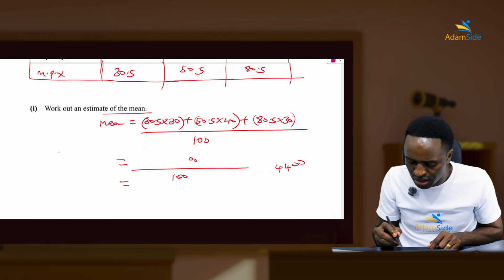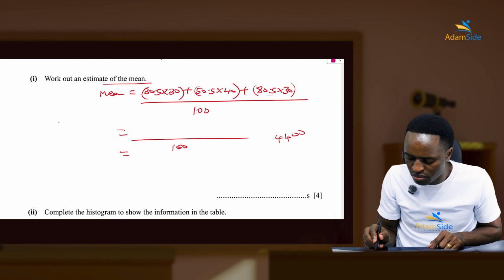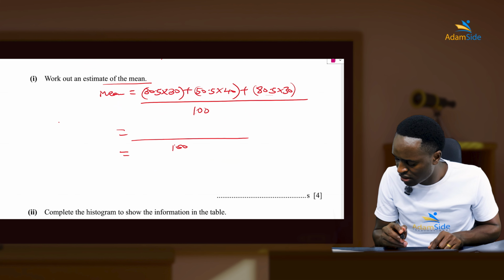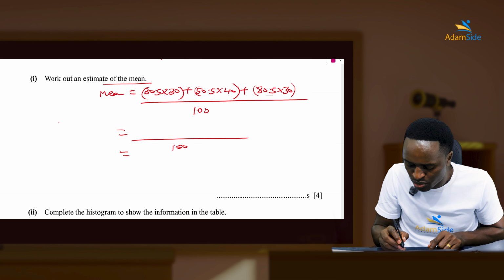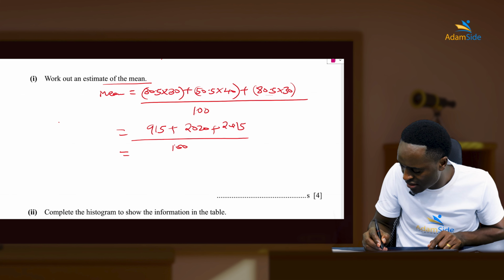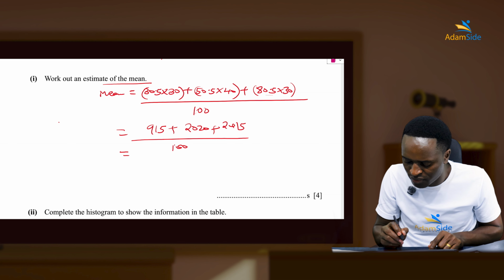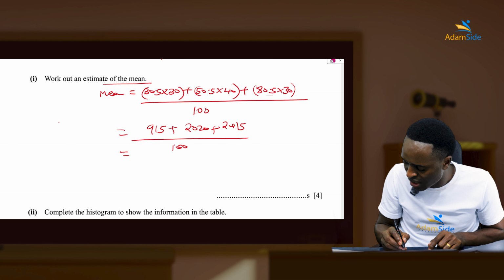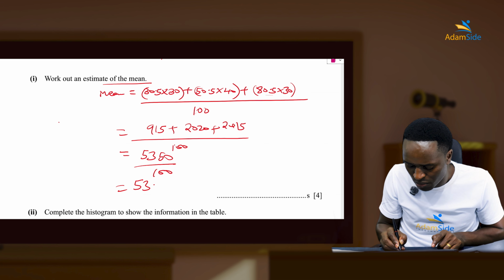If you do that, our summation will be equal to: 30.5 times 30 gives you 915, plus 2020, plus 2415, and when you add, you get 5350, divided by 100, so your answer is 53.5.